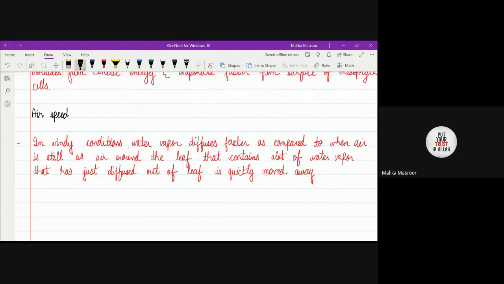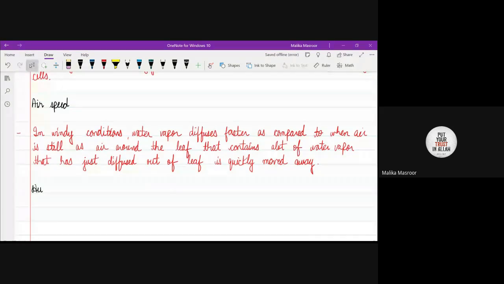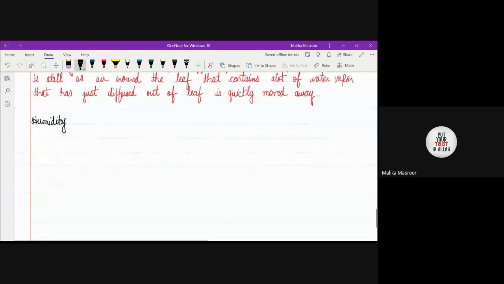Last is your humidity. Humidity is basically the moisture content of the air. When you say it's so humid, you feel sweaty, and your sweat doesn't move away. It's on your skin, and you feel weird, and you want to take a shower. So the higher the humidity, the less water vapor will diffuse out of the leaf, because there's not much of a diffusion gradient. As humidity increases, rate of transpiration decreases.